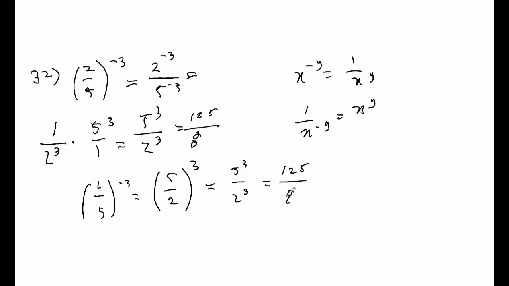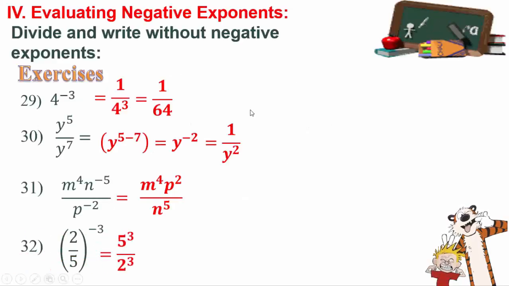And then at the bottom here, we will get 2 to the third, which is 2 times 2 times 2, which is 8. So either way you look at it, you'll get the same answer. In summarizing 32, we end up with, to get everything positive, 5 cubed on the top and 2 cubed on the bottom, and that will give us 125 over 8.